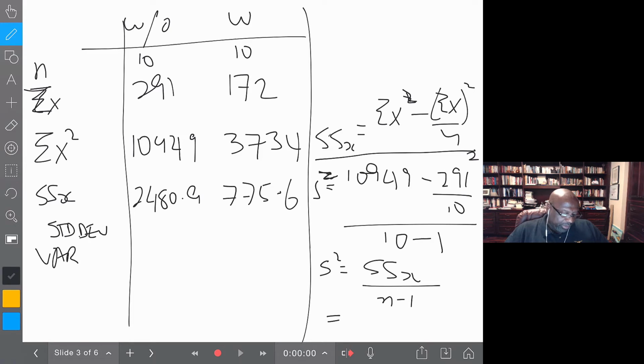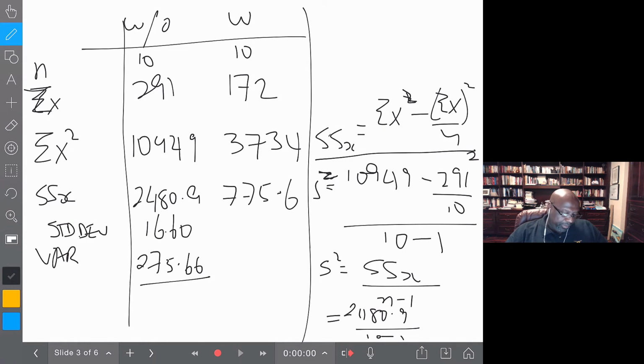We know that SSX was 2480.9. If we divide that by 10 minus 1, we get our variance, which turns out to be 275.66. And to get the standard deviation, all we need is the square root of that, which is 16.60.